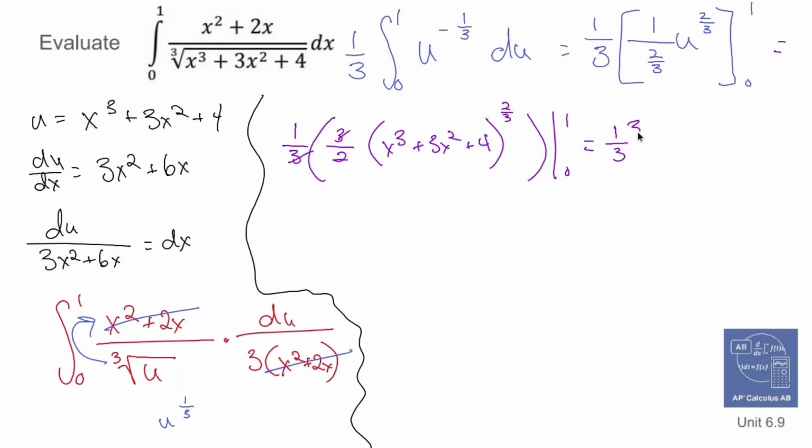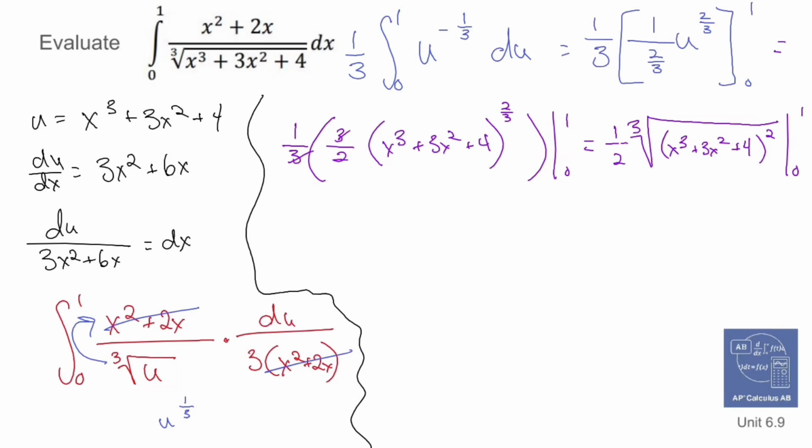Let's turn this back into the cube root of x cubed plus 3x squared plus 4, squared. Actually, it's 1/2. Oh boy, that would have been close. Squared, limits 0 and 1.